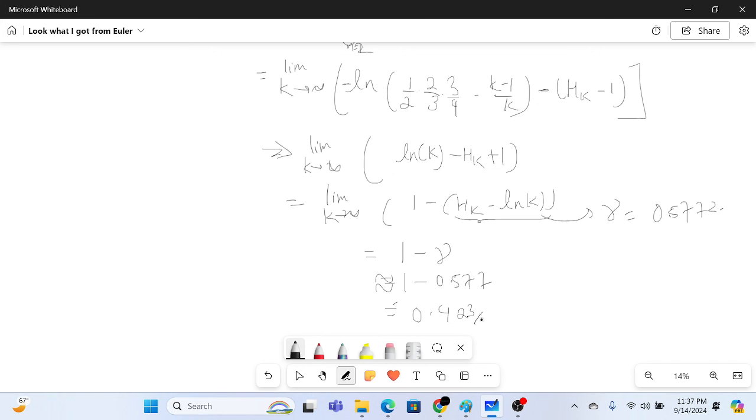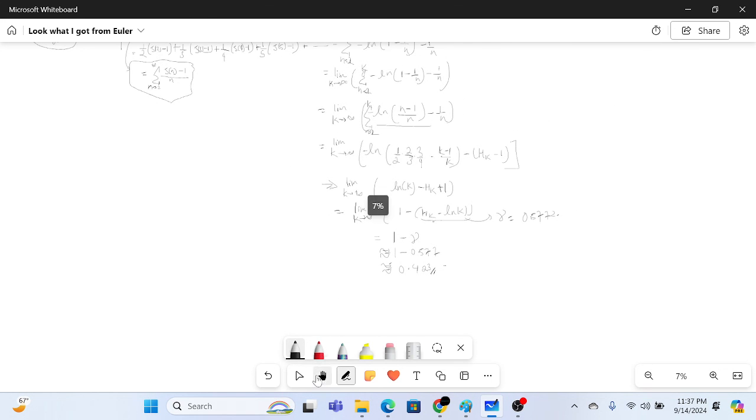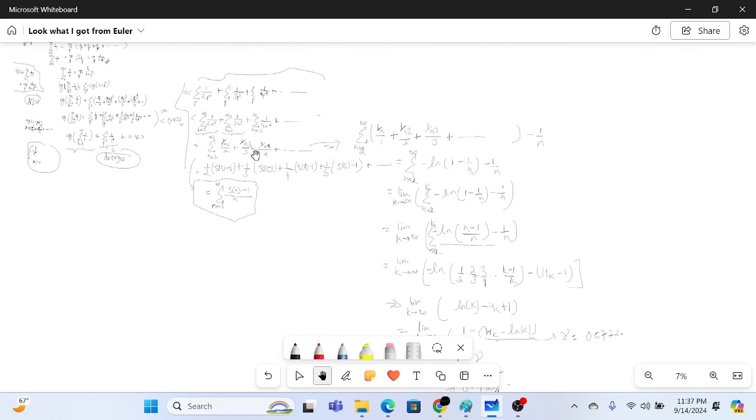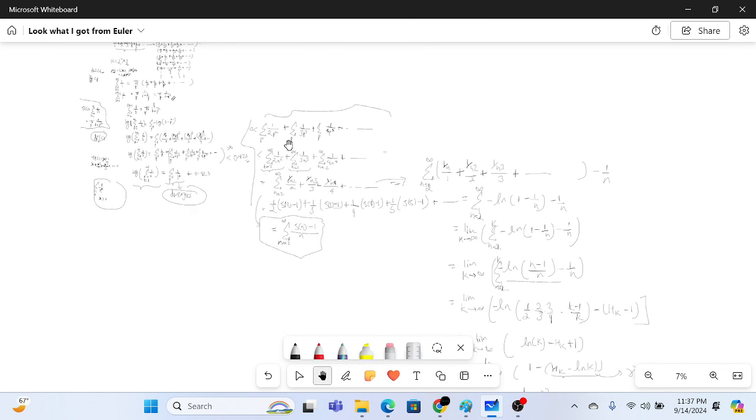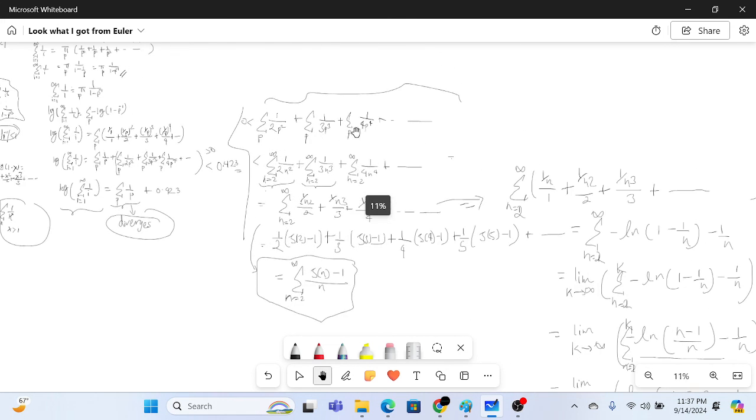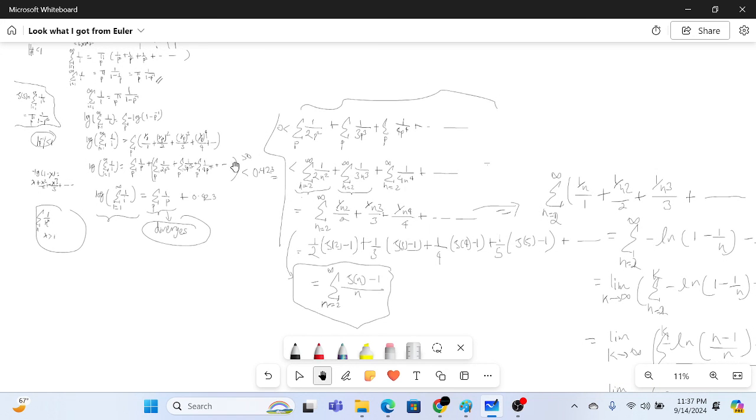0.423, right? So that's how I found out that this series, which is bigger than the given series, is equal to 0.423. So that's why the series over the prime numbers should be less than 0.423, and since this series is between 0 and 0.423, it should converge to a value in between.